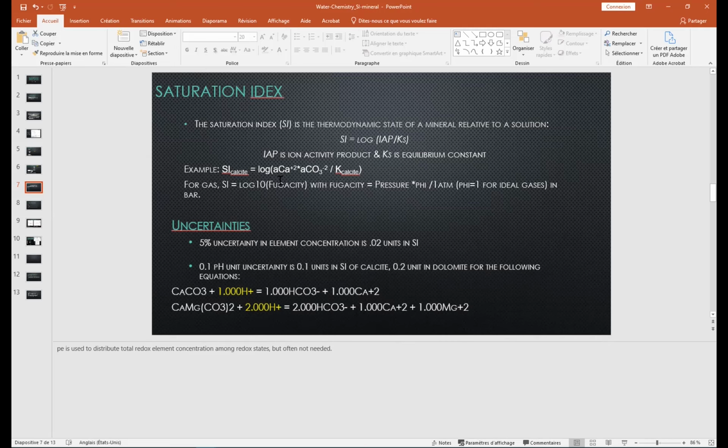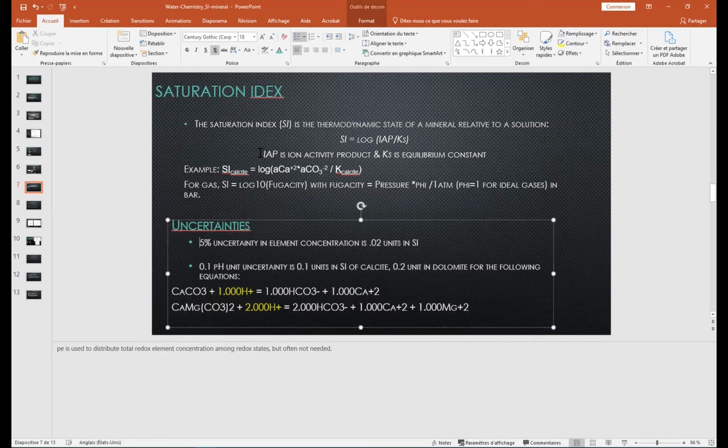And for gas, the saturation index, which is given in the table, is not really saturation; it's more the pressure of the gas you have in equilibrium with the water. And you also have uncertainties associated with this parameter. So don't forget that a 5% uncertainty on the element concentrations you consider, calcium and carbonate, is equivalent to 0.02 units in saturation index.